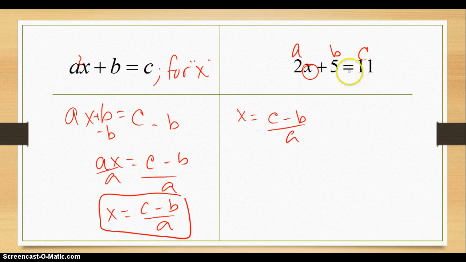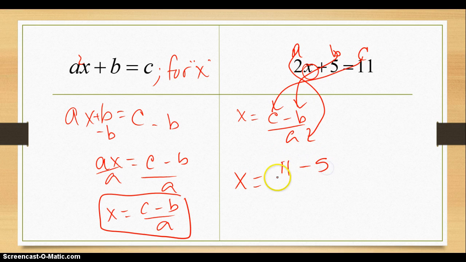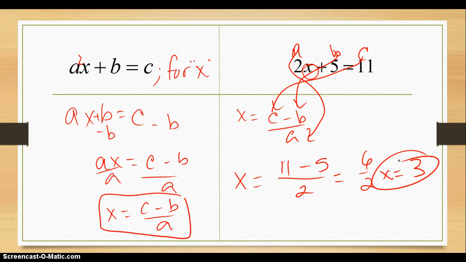So we plug these in: a for a, b for b, and c for c. x equals 11 minus 5 over 2. We solve the numerator first and get 6 over 2, so x equals 3. The solution is x equals 3.